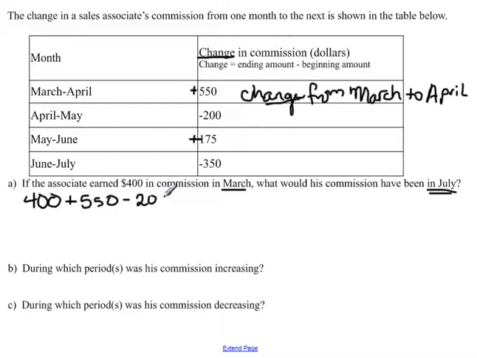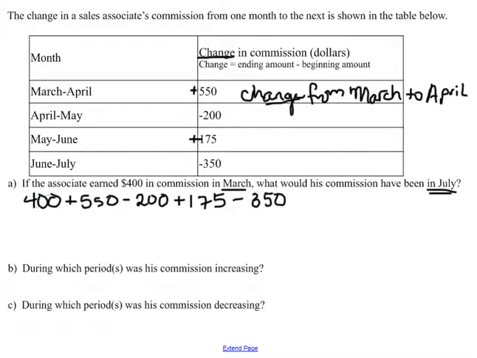From May to June, we had a positive change, so we're going to add 175. And finally, from June to July, there was a drop in the commission, so we had a negative change, so we put down negative $350.